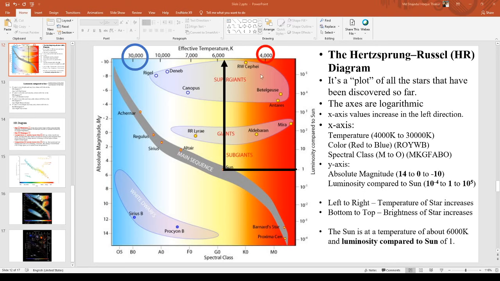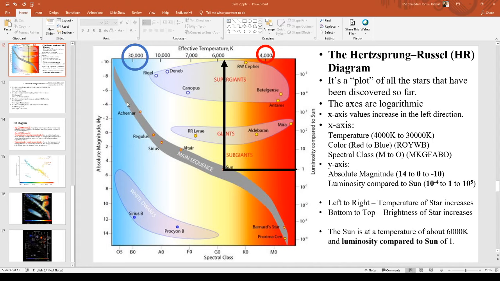If it is around here, you will say it's a huge star, a supergiant, with low temperature and high brightness. If it is around here, low temperature and high brightness, it's a red giant. If it is near here, you will say it has a luminosity close to the sun, so it's a sun-like star, an average small size star.